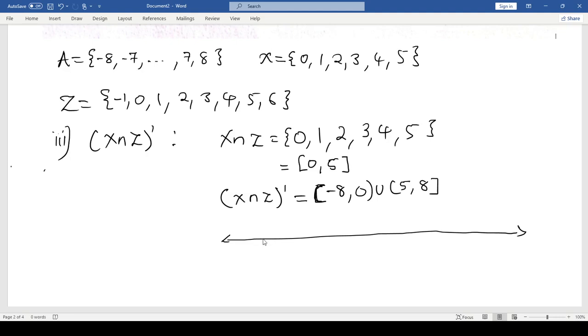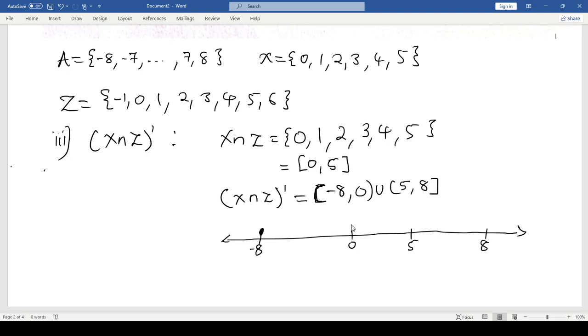So you can just put this information on the number line. So we have -8 here, we have a 0 there, we have a 5 somewhere here, and we have 8 this side. So then we know that -8 is included in the set here, but 0 is not included there.